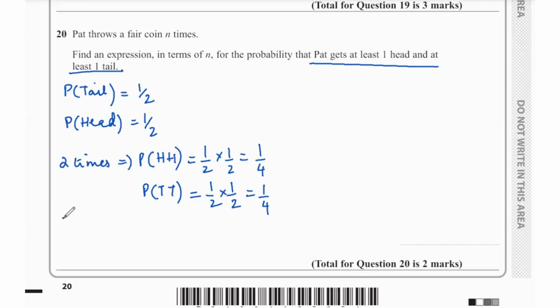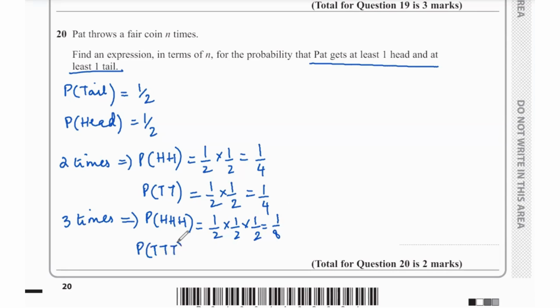And now if we toss the coin 3 times, the probability of getting a head all 3 times is going to be 1 over 2 times 1 over 2 times 1 over 2, which is 1 over 8. And the probability of getting a tail all 3 times is going to be 1 over 2 times 1 over 2 times 1 over 2 again, which is 1 over 8.